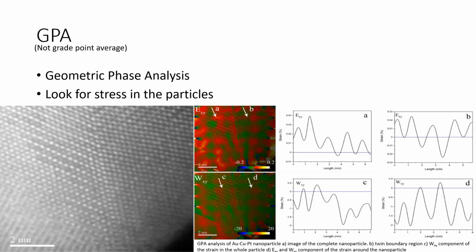Grain boundaries do introduce a little bit of a problem with this software, because you have to play around with a certain area, and it has to be perfect. You have to get a good FFT, and when you introduce that grain boundary, now you're throwing a lot of noise or other information into there. And so the software kind of breaks down on those boundaries. But the grain boundaries themselves have been shown to relieve a lot of stress, from what it seems like.